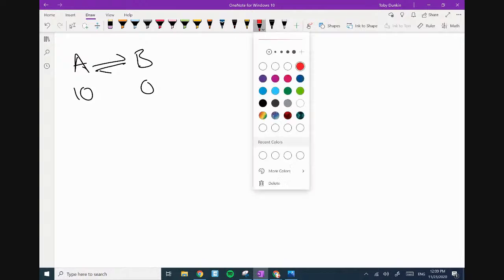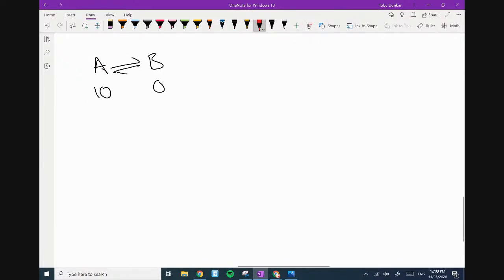At minute 1, I'm going to zoom out just a touch. This is experiment 1, by the way. So after 10 minutes I have 7 and 3. Right, and I've reached equilibrium. That was the time it took, from 0 to 10 minutes, and I've now reached equilibrium.